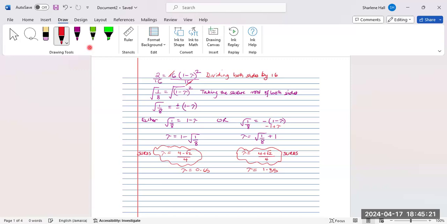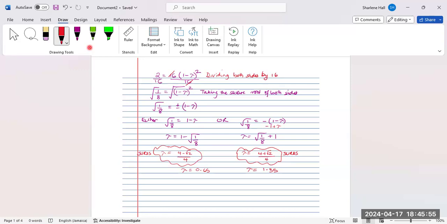Surds are not bad, but the last time I checked your syllabus, I'm not seeing any surds on it. So I'm not going to waste time on this stuff. I give you permission, if you get something like this, just go ahead and evaluate it. I won't penalize you because surds are not on the syllabus and I'm not teaching it to you. So I'm going to have 1 plus 1 minus the root of 1 over 8, and the root of 1 over 8 plus 1, and I get all of those.